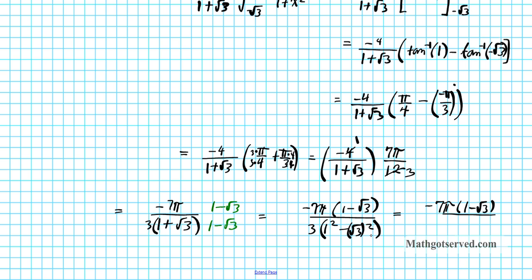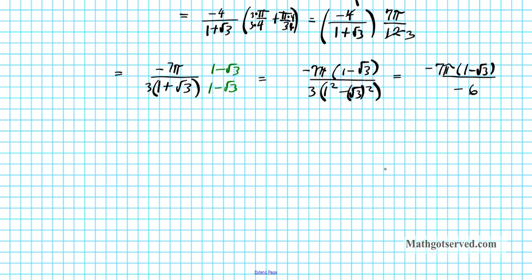So 1 minus 3 is going to give us negative 2. Negative 2 times 3 is going to give us negative 6. Alright? So our final answer is simply going to be 7 pi times 1 minus root 3 over 6, because the minus signs basically divide out. So that's that.